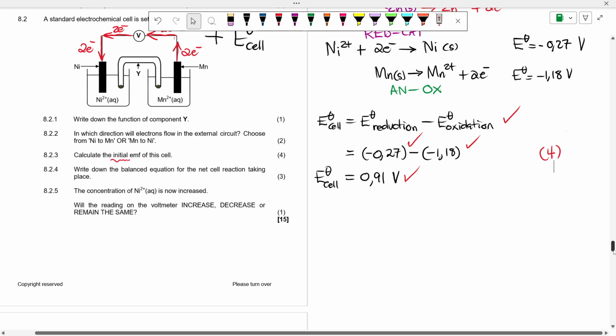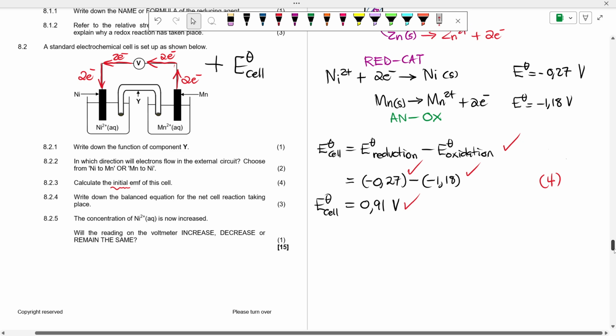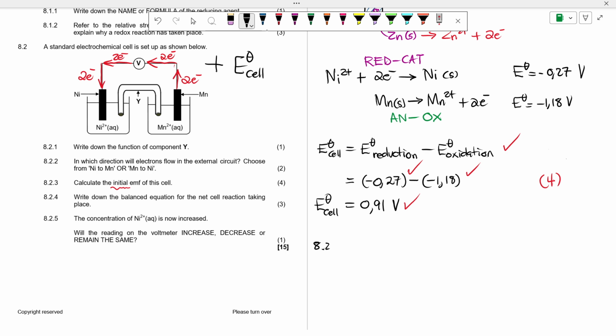Write down the balanced equation for net cell reaction. Once again, that is something you could have done initially, but I wanted to follow the questions, so let's do it now. You just need to cancel the electrons on either side. So on the reduction, I cancel. On the oxidation, I cancel. And I just take everything down and write them here.